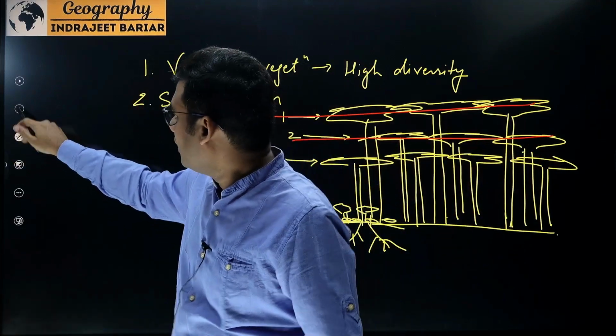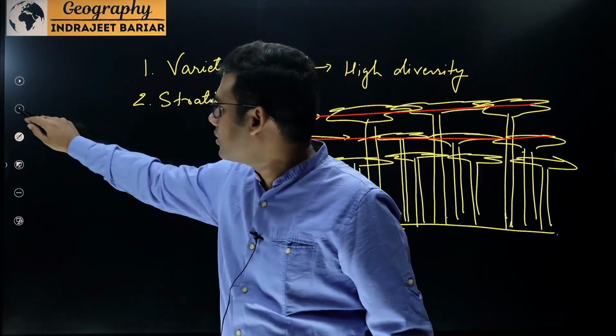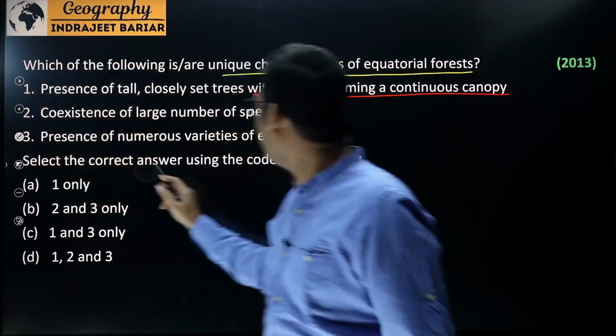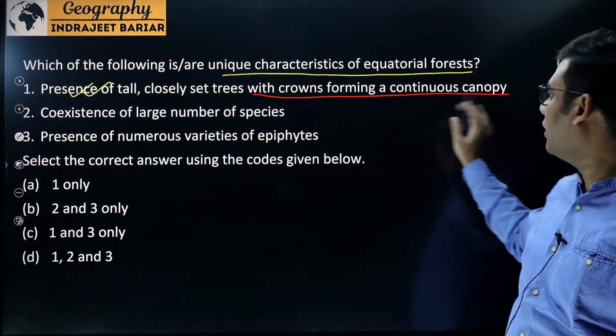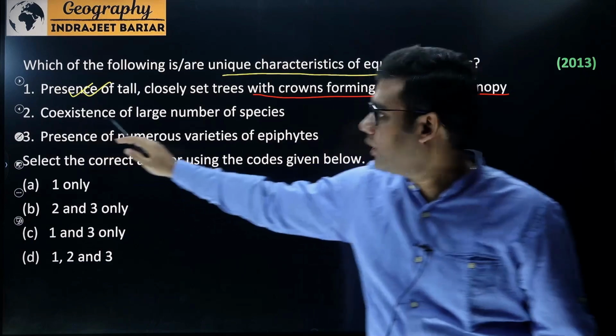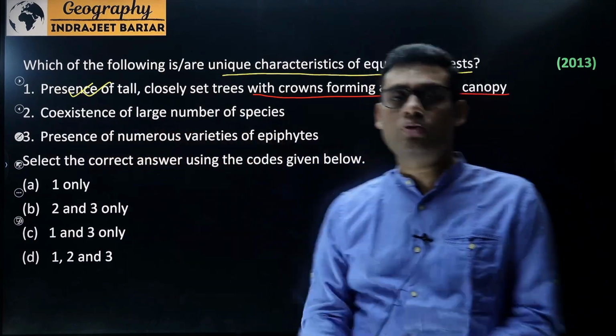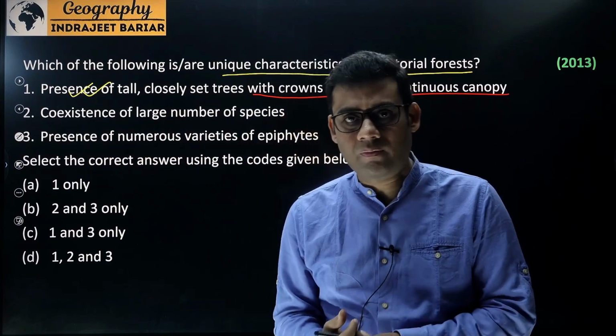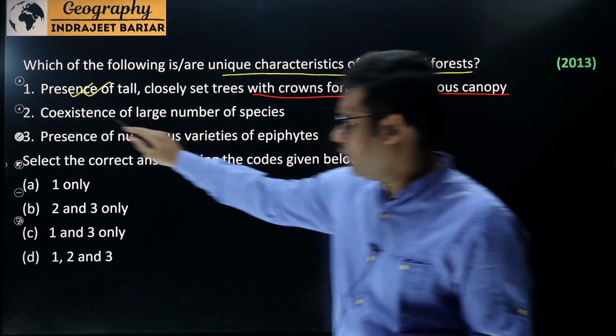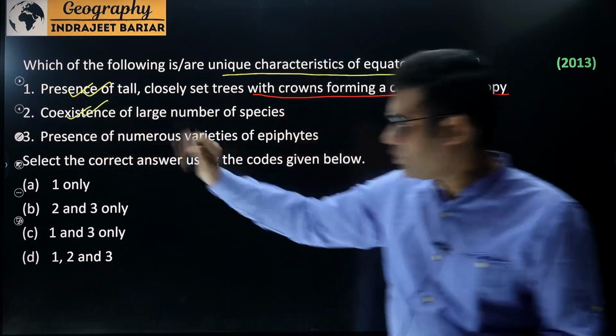So the first statement I find to be true. Second, coexistence of a large number of species. Yes, of course, we have already established that the biodiversity here is extremely high. And so this statement is very much correct.